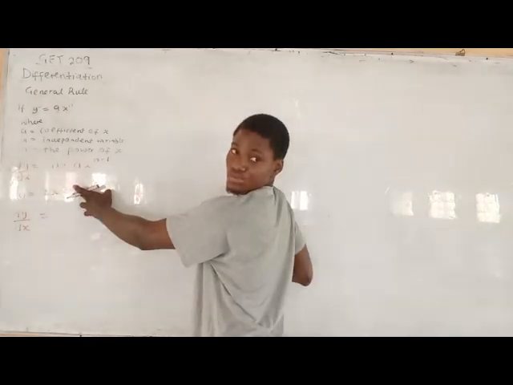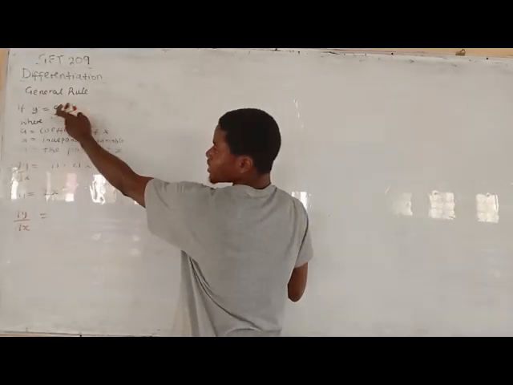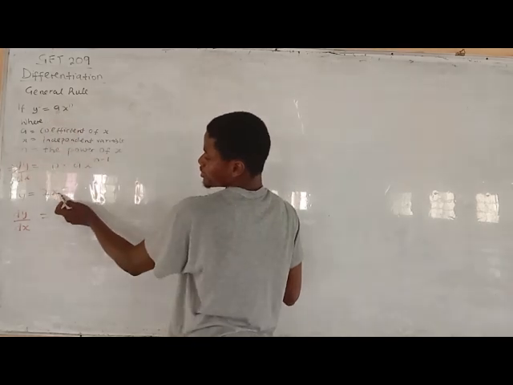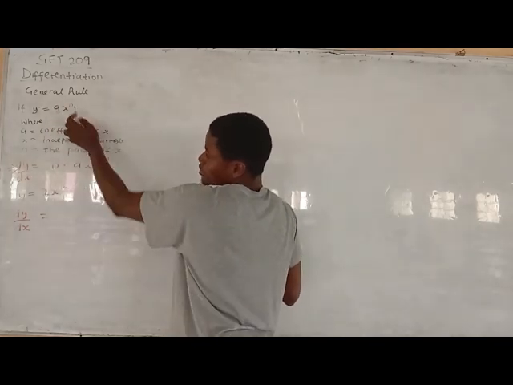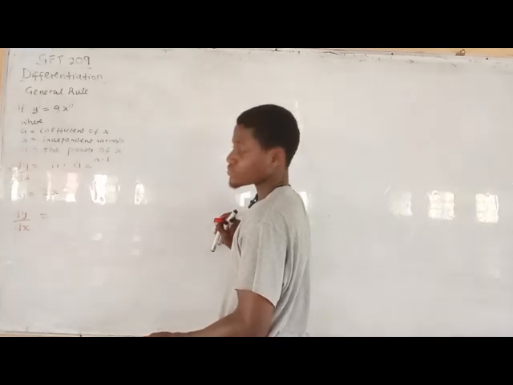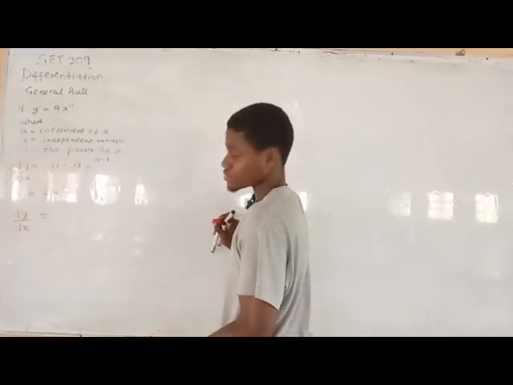Your n here is 2. Your 2 here is a, your x here is x, your 2 here is what? n. Okay? You understand to that point?